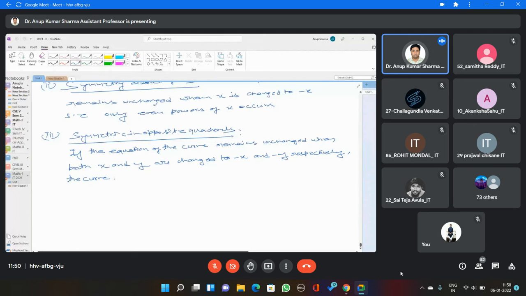The curve is said to be symmetric if the equation of the curve remains unchanged when both x and y change to minus x and minus y respectively.